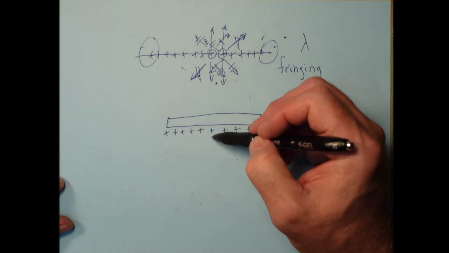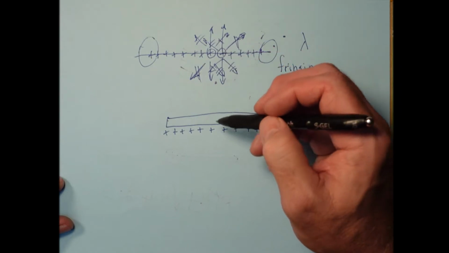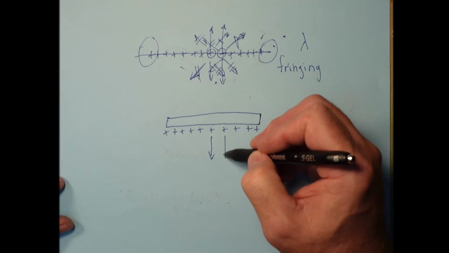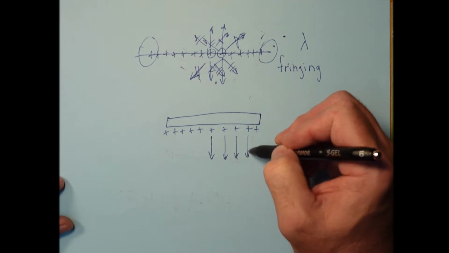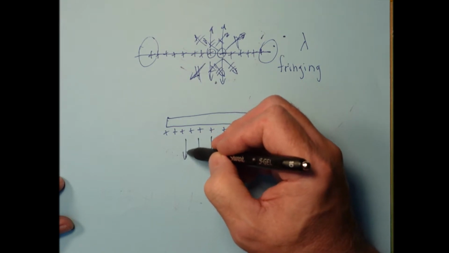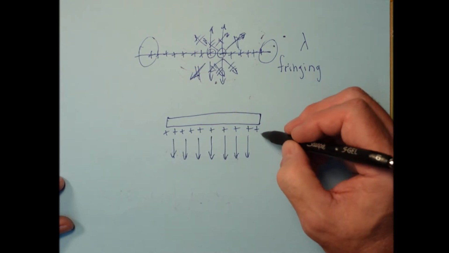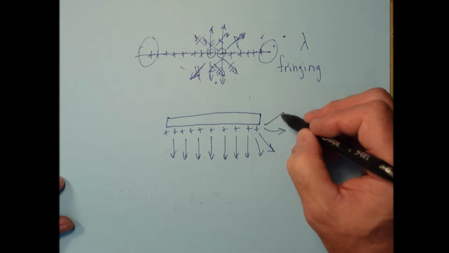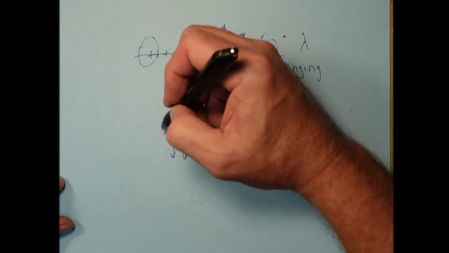But those electric field lines are going to behave the same way up here. And what's going to happen, and the net effect is that the electric field points radially away like that until you get here on the end, and then it's going to start doing things like this. Okay? Like that.